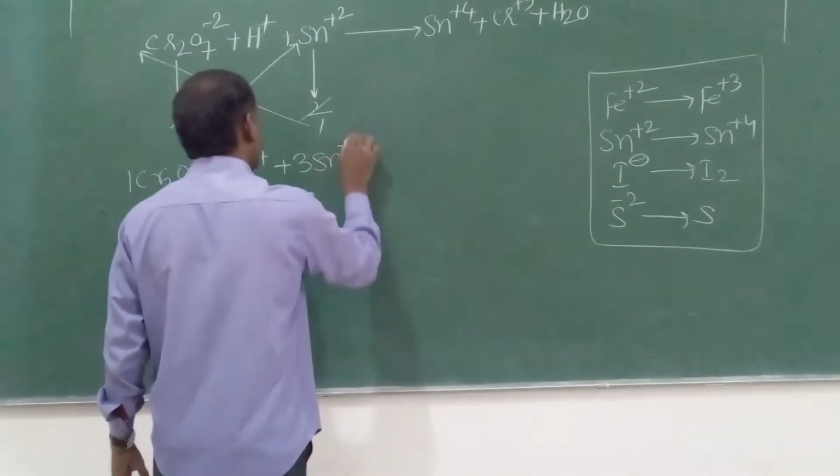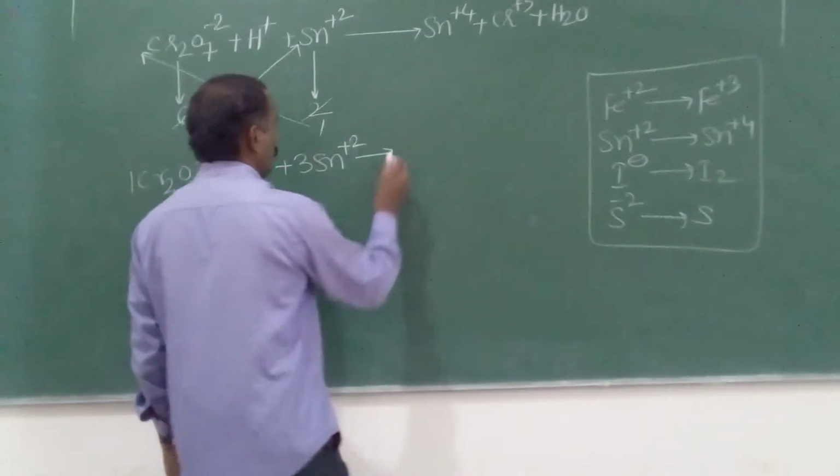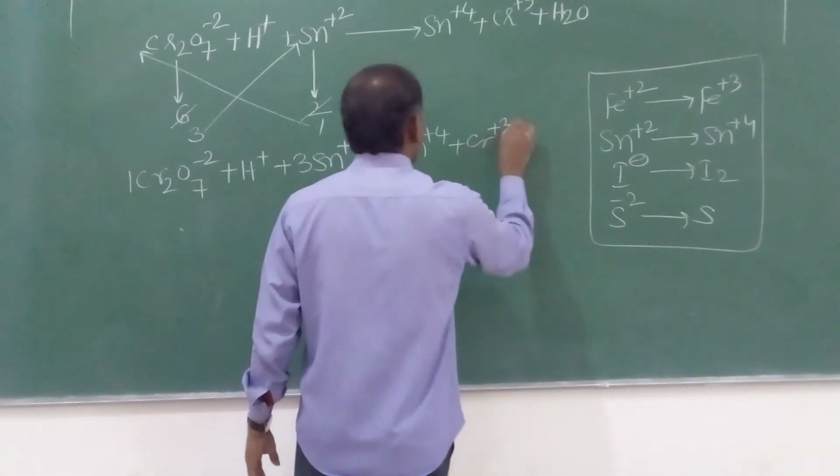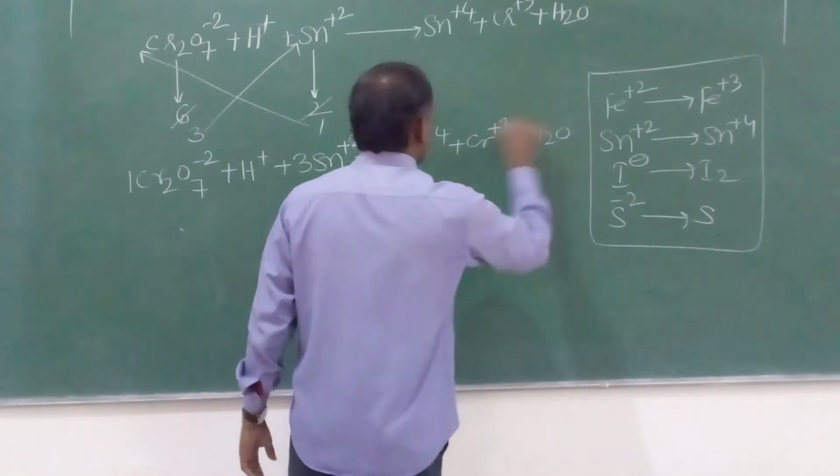Here there is a possibility of taking a common factor. Whenever there is a possibility, immediately take the common factor. 2 is the common factor. After taking the common factor, we can cross multiply. If you don't take the common factor, also no problem. Therefore, 1 Cr2O7 minus 2 plus H plus plus 3 Sn plus 2 gives Sn plus 4 plus Cr plus 3 plus H2O.